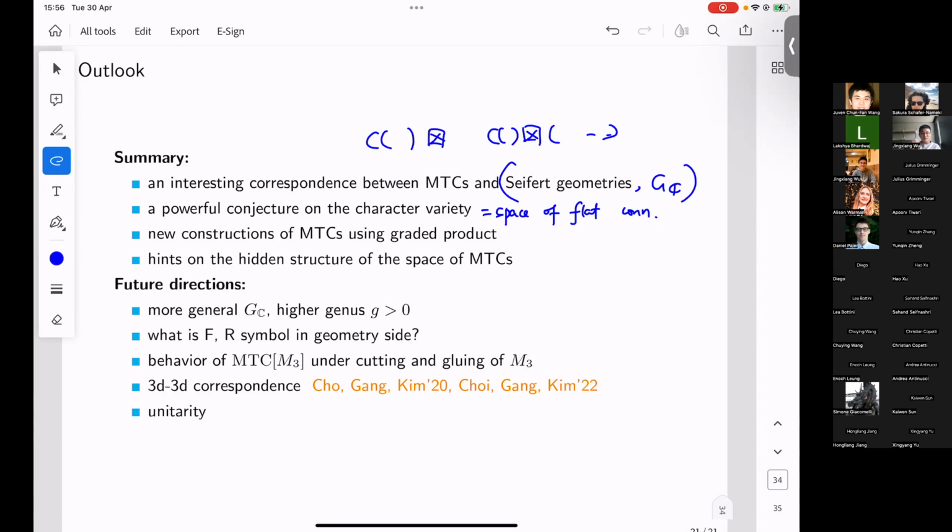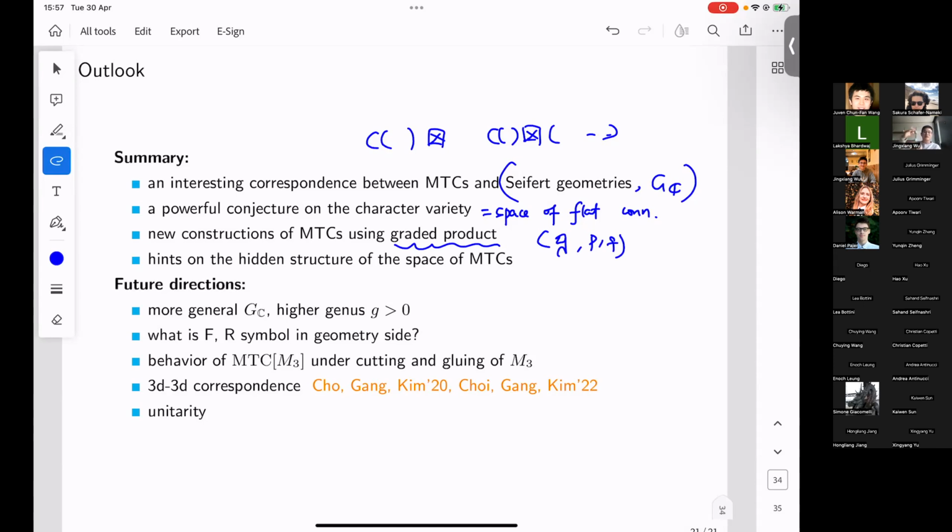And on the MTC side, this gives us a new way to construct MTCs. Most of the knowledge is given to us by this graded product. It's using the familiar object to construct MTCs. And I think it strongly hints at some hidden structure in the space of MTCs that we didn't know before.